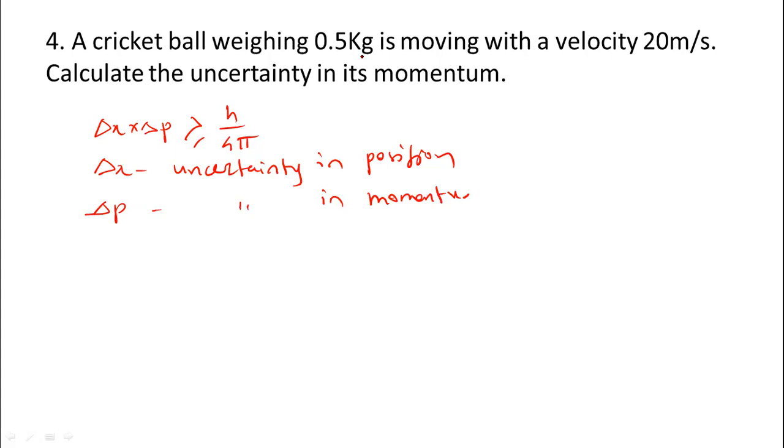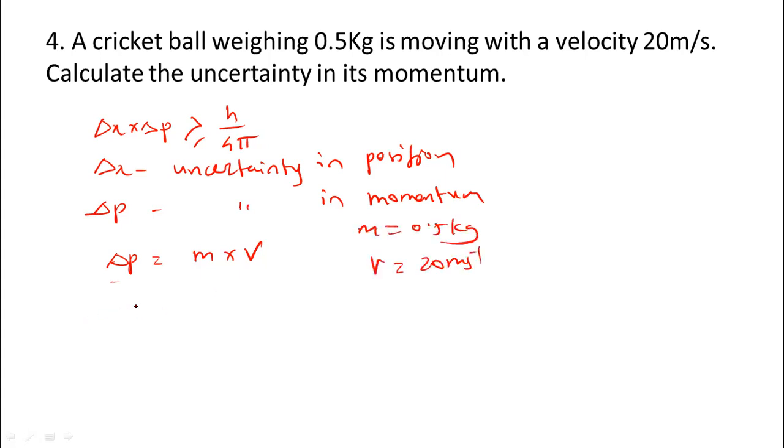So in this case, we have to find the uncertainty in momentum. So delta p is the momentum, which is mass into velocity. The mass is given here as 0.5 kg, and the velocity is given here as 20 meter per second.